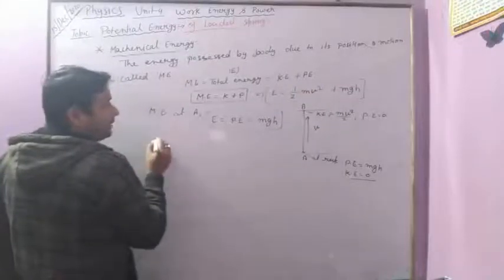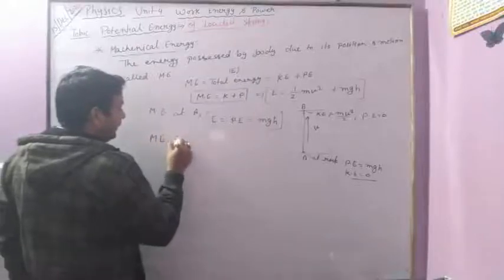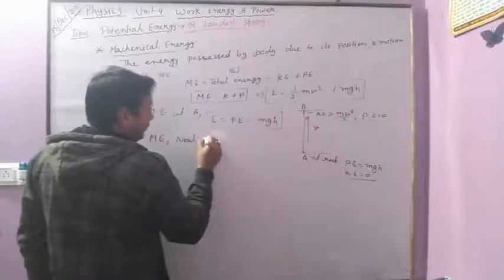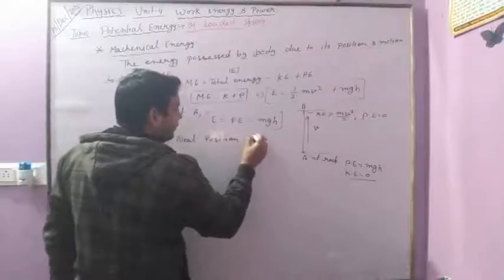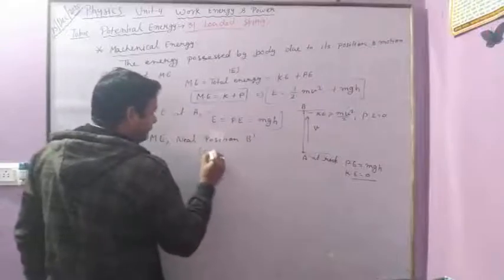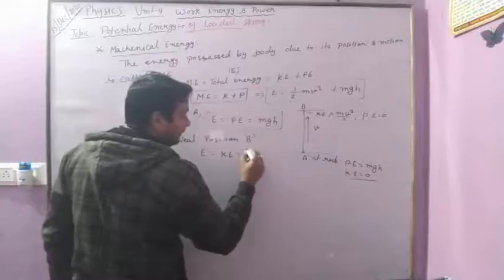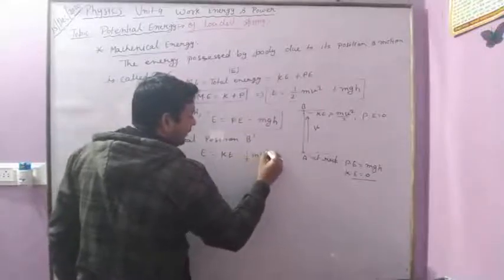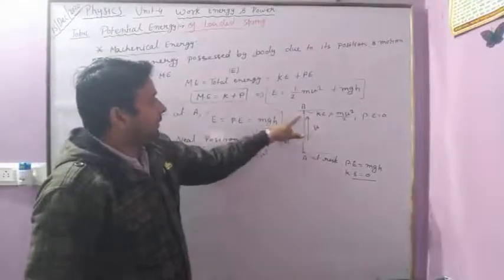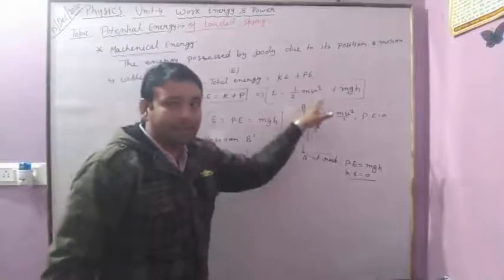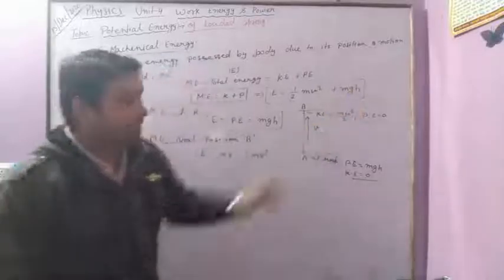Therefore the mechanical energy near position B is due to kinetic energy, and this is equal to half mv square. Okay, then when the object is near B, it possesses only its kinetic energy, and at location A it possesses only the potential energy.